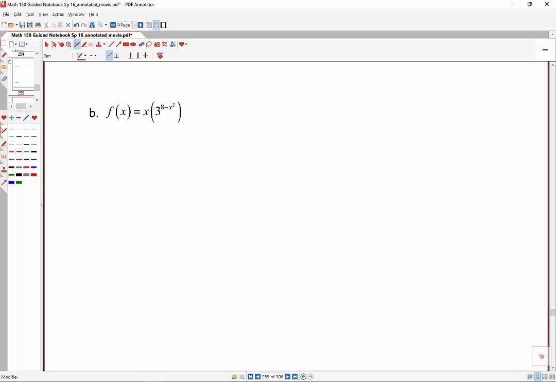Here we have a product, right? And part of that product has an exponential factor. And within that exponential factor, we've got a function of x. So there'll be a little bit going on here.